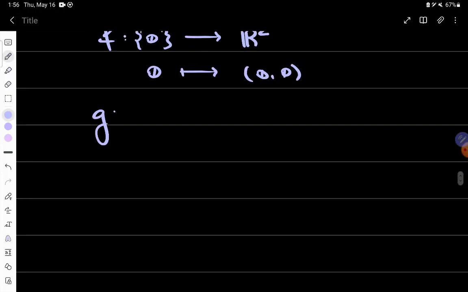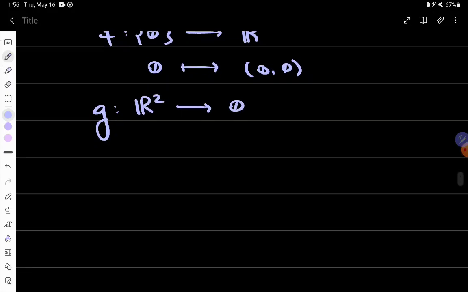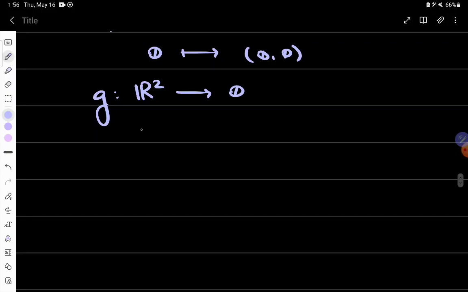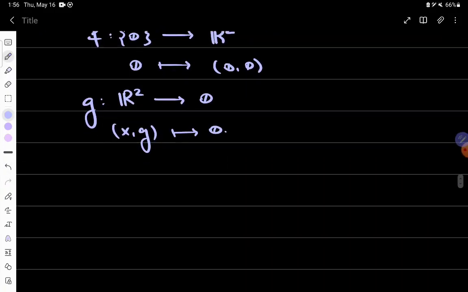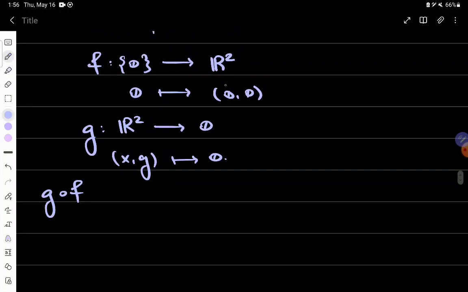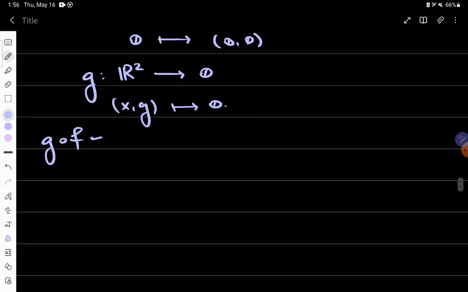And we have a map from R^2 to 0, which just sends any point (x, y) to 0. Okay? So now we can very quickly see that g compose f, if we do f and then send that to 0, right, when we compose these, this is just the identity on the point. So this is just the identity. So of course, it's homotopic to itself.